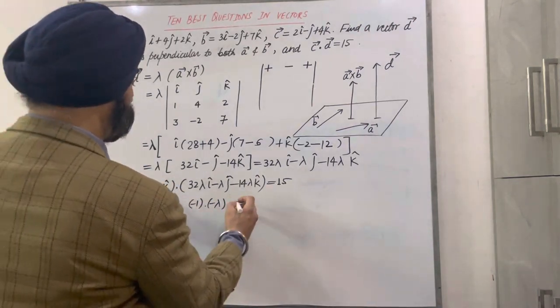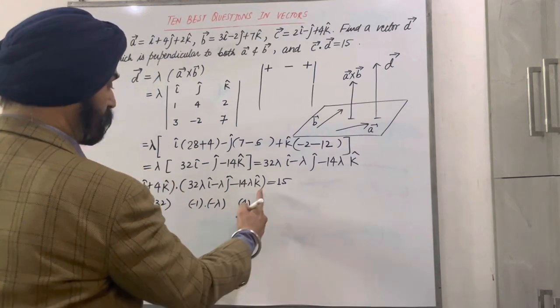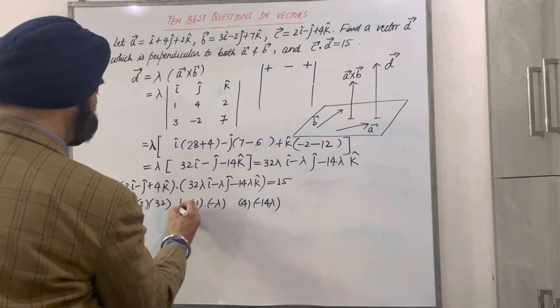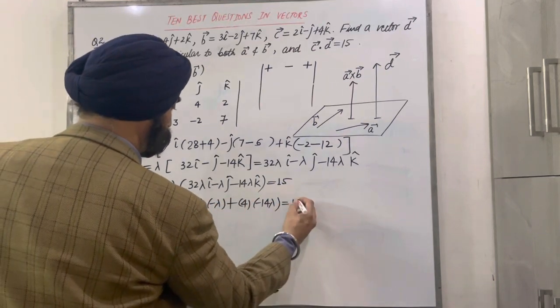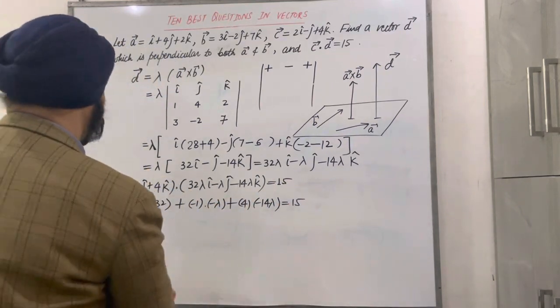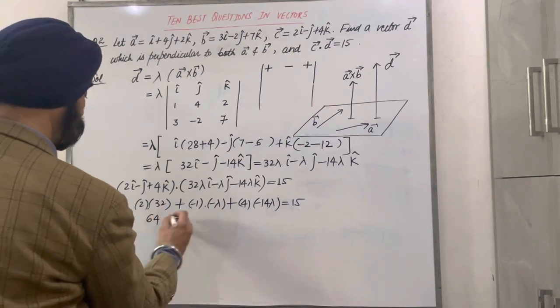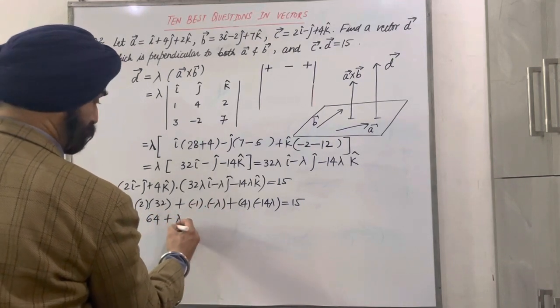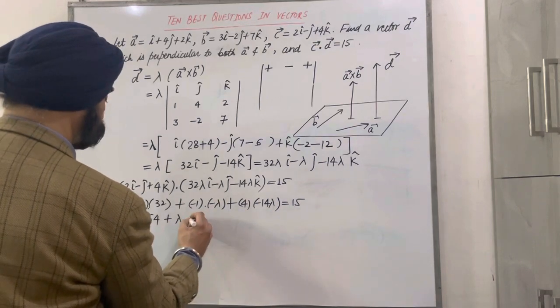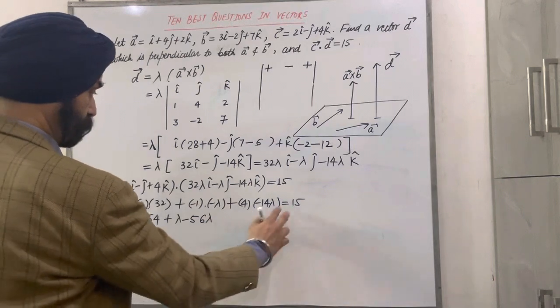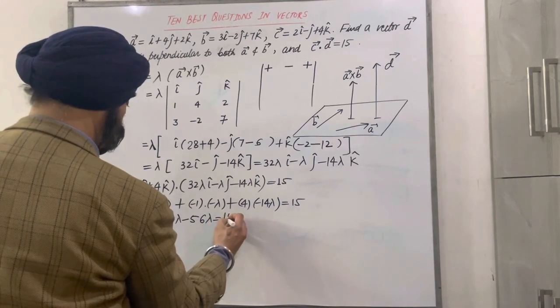Likewise with k we have 4, and with k we have minus 14 lambda. Simply add them and equate it to 15. So let us simplify. This comes out as 64 plus lambda minus 56 lambda, and this is equal to 15.